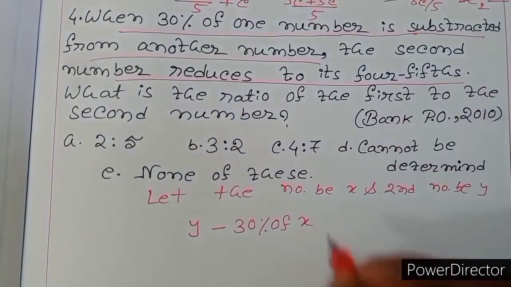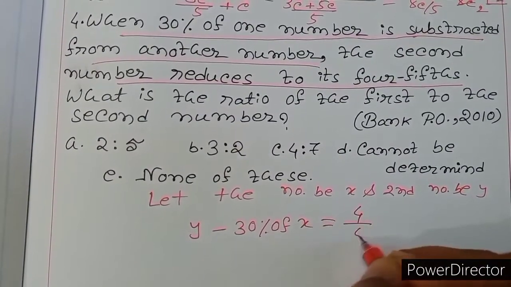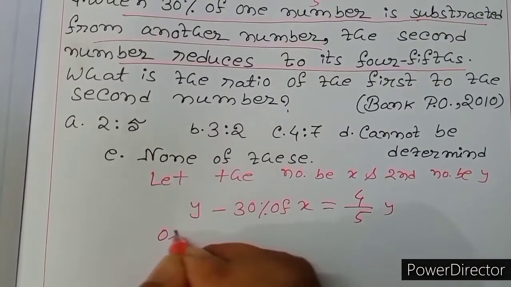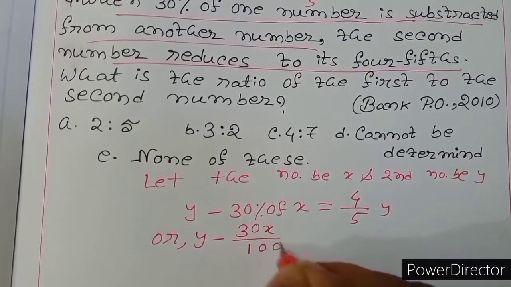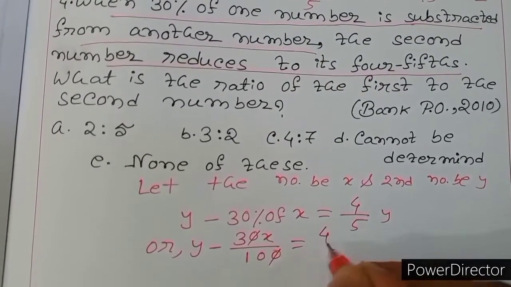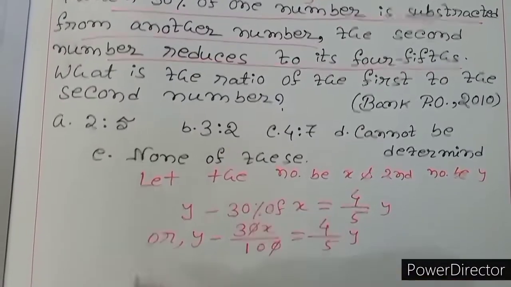reduces to its 4/5, equal to 4 by 5y, or y minus 30x by 100 equal to 4 by 5y.